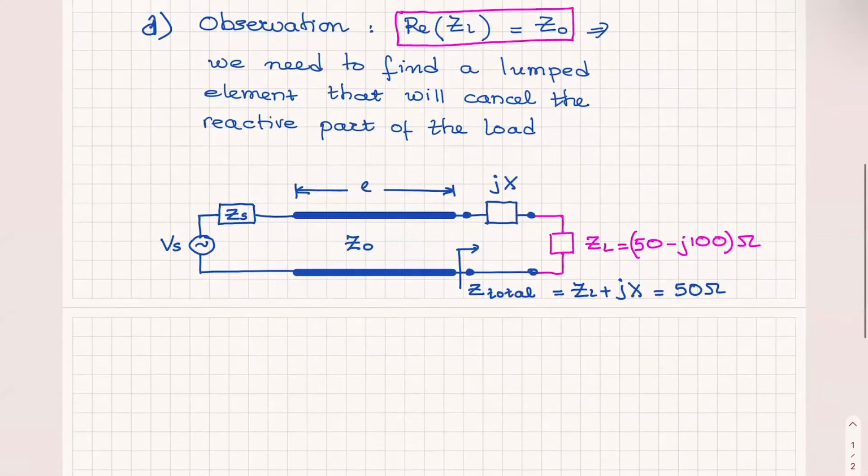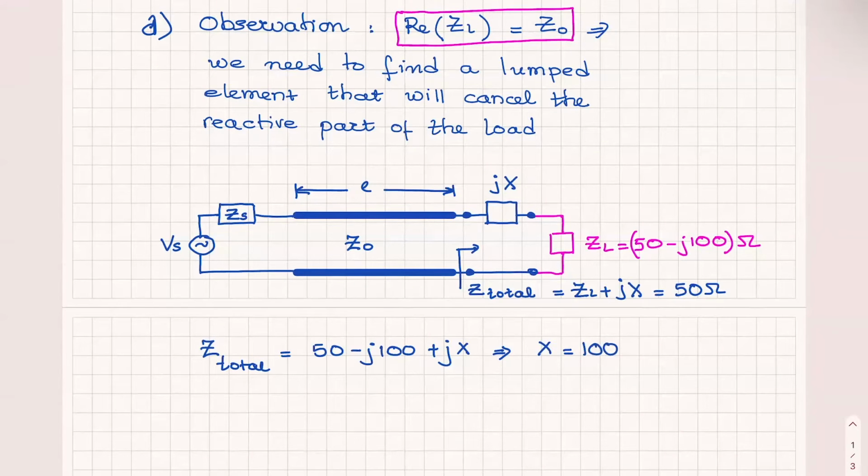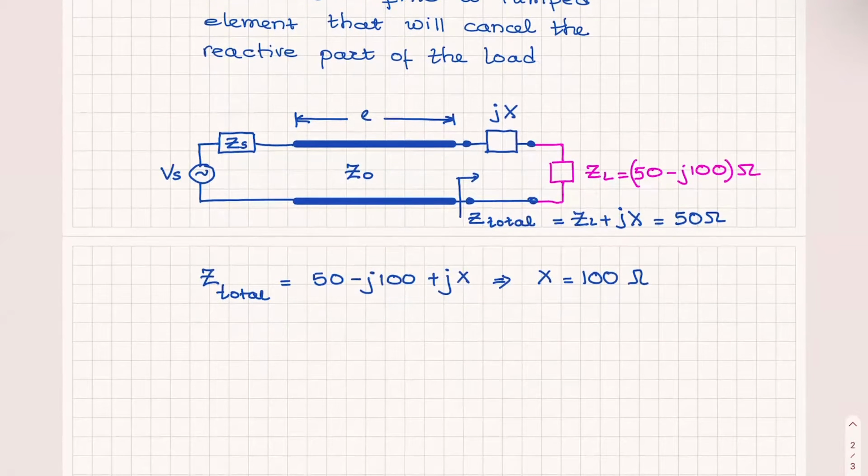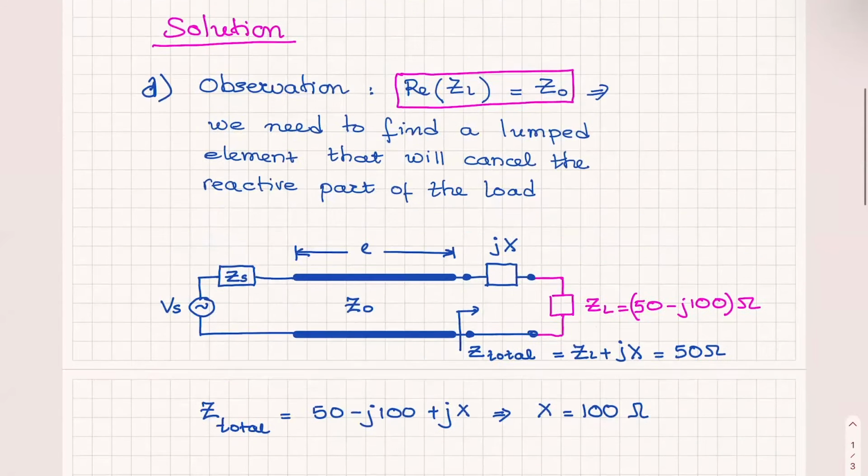If I continue along this thought, Z total will be equal to 50 minus j100 plus jX, and that implies that X has to be 100 ohms. So I solved part A.